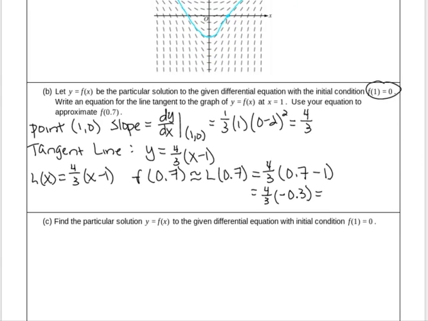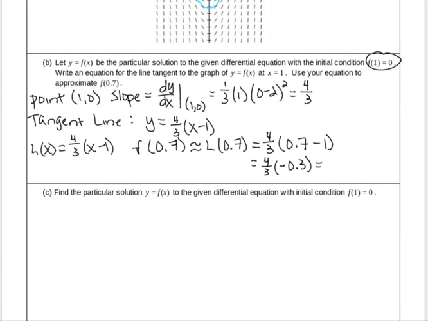The best way to do that without a calculator, because this would normally be a no calculator question, I understand you have one at home right now, but to do it without a calculator, the easiest thing is to make that negative 0.3 into negative 3/10. And so the 3's will cancel out. You can take out a 2, and we end up getting negative 2/5 for our answer. So I'm going to write that as our final answer: f(0.7) is approximately negative 2/5.